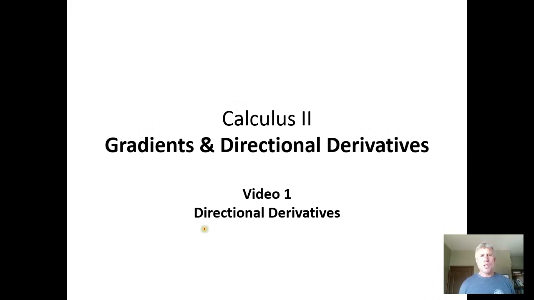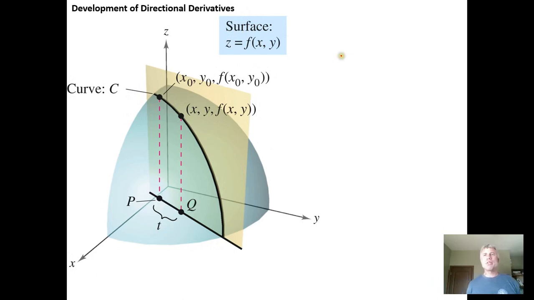So in this video we want to develop the idea of a directional derivative. So here's the idea. If you calculate the partial derivative with respect to x, and then you evaluate it at some input x naught, y naught, so we get the specific value of that derivative at x naught, y naught, you're finding the slope of the tangent line at the point x naught, y naught, f of x naught, y naught, right?